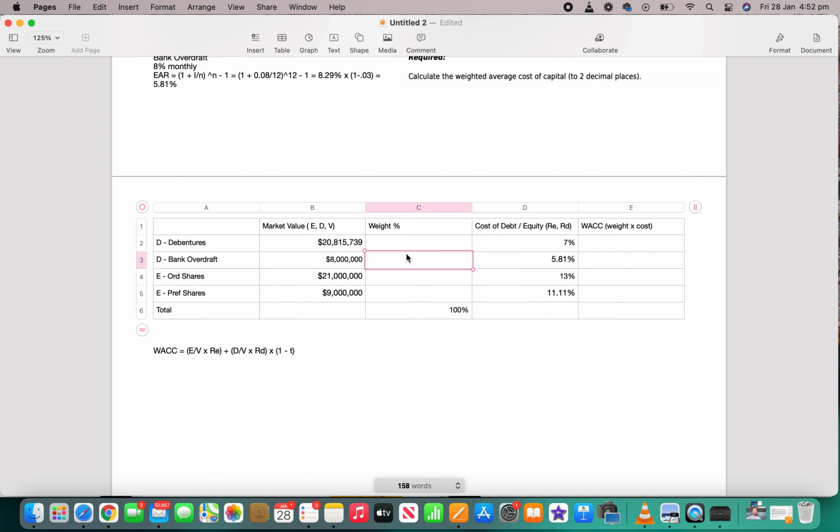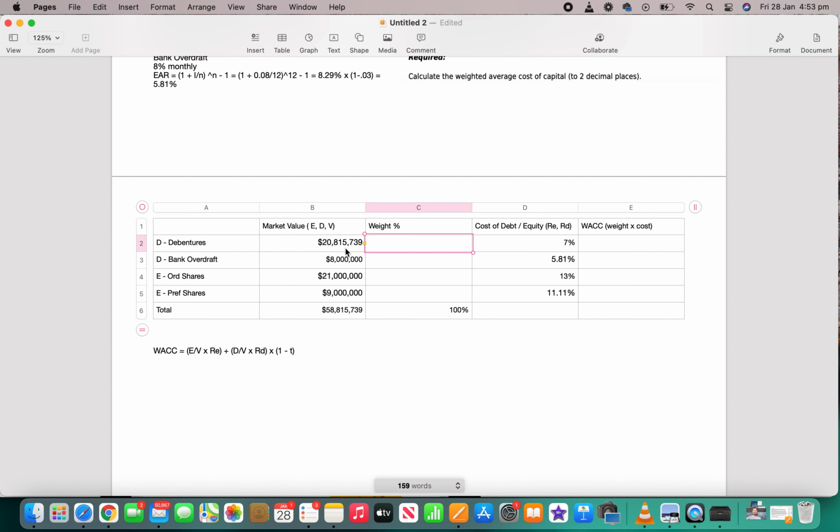So we've filled out our table. That is the hard work that we have done. Now what we need to do is sum up all these, which will become the V, which is 58,815,739. That in essence is your V in the equation. Then we figure out the weighting.